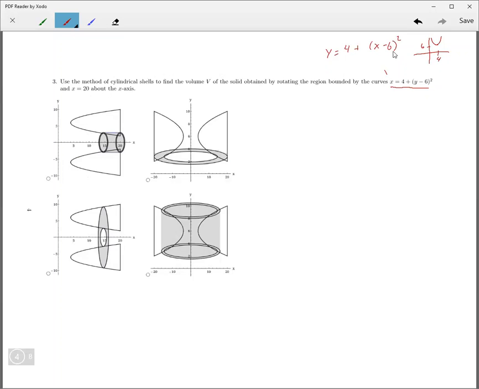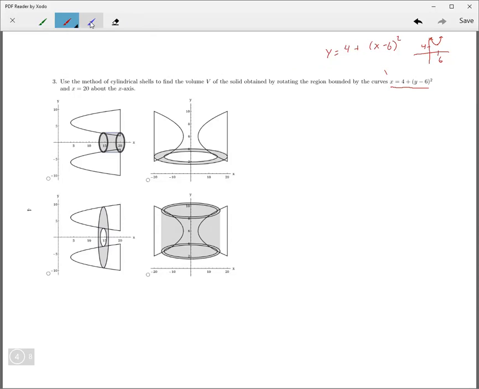wait, what am I doing? The vertex would be 6, 4, I'm sorry. I was saying a bunch of stuff without thinking. The vertex would be 6, 4, because x being 6 would zero that out, and then y is 4. Okay, so it would be something like that, right? But because it's x equals 4 plus that instead of y equals 4 plus x, that's y there instead of an x.